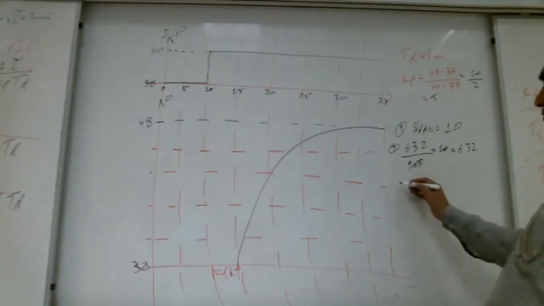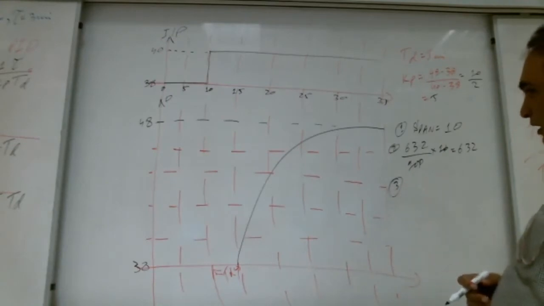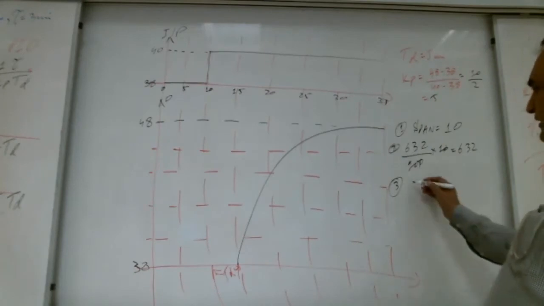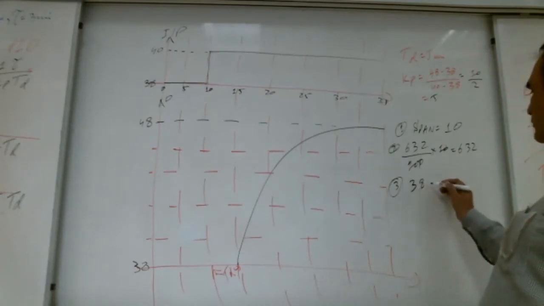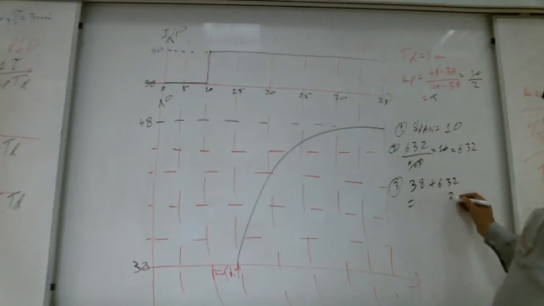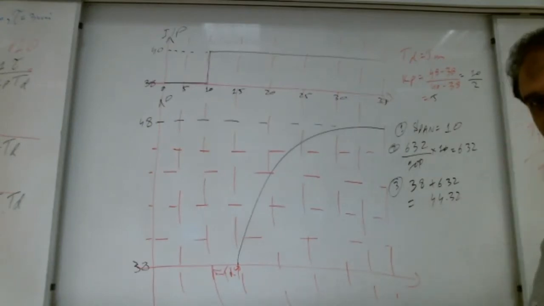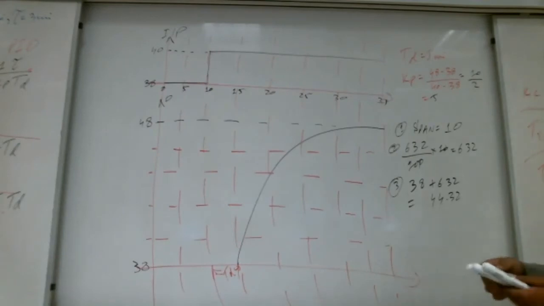What is the third step? Find the time. Add the initial value: 38 plus 6.32 is 44.32. That's good. A lot of brothers are writing.